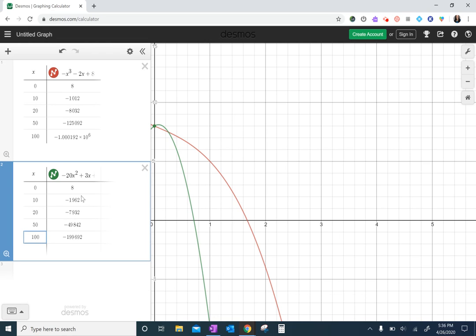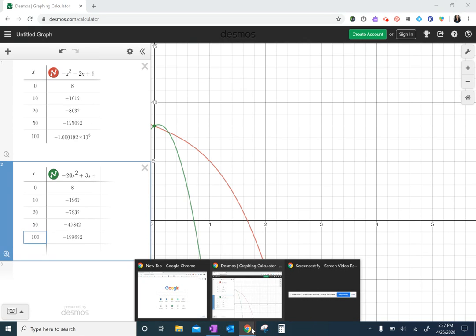If you look at 10, the degree 3 is roughly negative 1,000. If you look at 10 for the degree 2, the quadratic, it's almost negative 2,000. So our degree 3 is actually greater than that quadratic at 10, because negative 2,000 is a smaller number than negative 1,000.